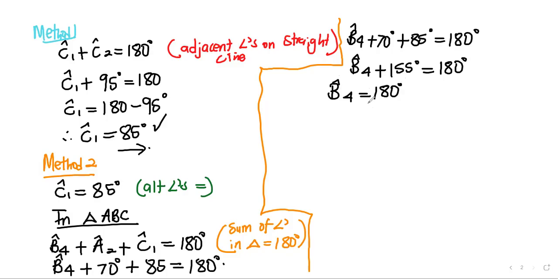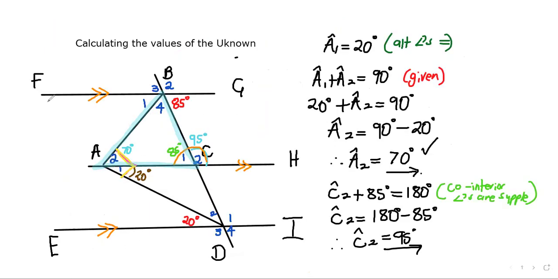You take 155, you transpose it to the other side, changes the sign to become negative, minus 155. Therefore, the size of angle B4 is equals to 180 minus 155, which is equals to 25 degrees. So it means to say the size of angle B4 is 25 degrees.